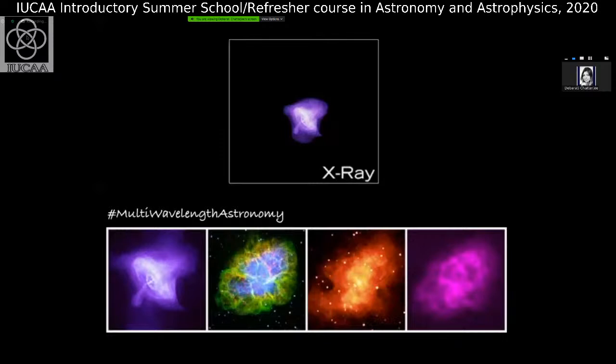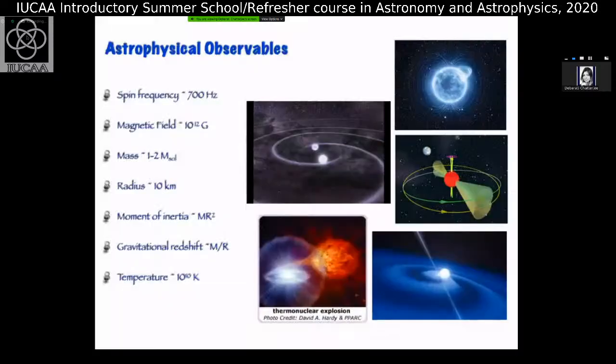So from using such observations at multiple frequencies, we can actually determine a large number of astrophysical observables concerning neutron stars. We already spoke about the spin frequency of neutron stars, and these could be as high as 700 Hertz.